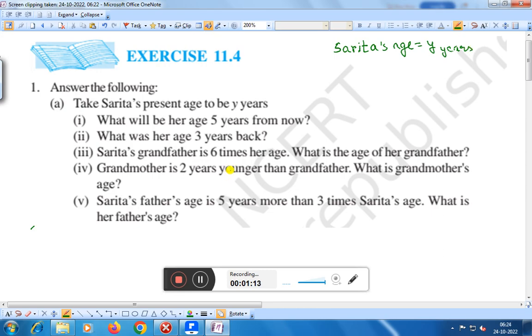Right. Now, what will be her age 5 years from now?